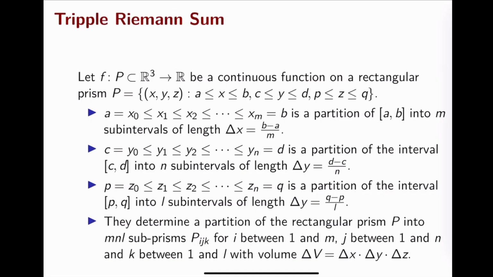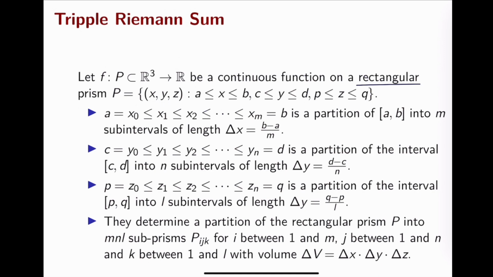So we can actually define also a triple Riemann sum just by generalizing the double Riemann sum that we saw for 2 variables. In this case, instead of being a rectangle, now the basic unit is going to be a rectangular prism or a box where we have 3 variables now, x, y, and z, where each of the variables is going to vary between 2 constants.